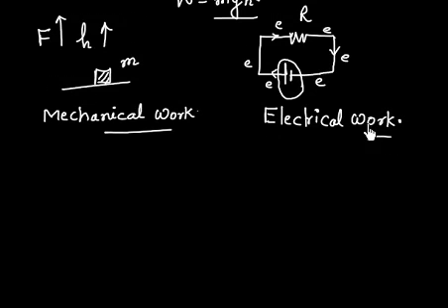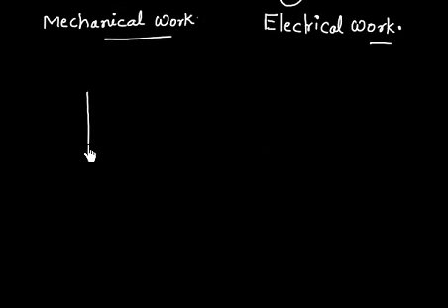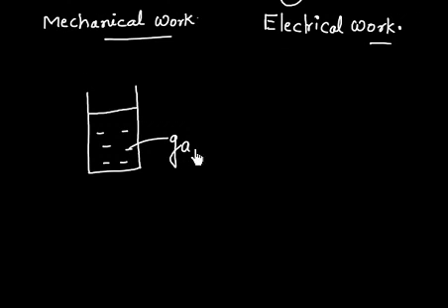Now you can have another kind of work, that is the expansion work. Let us say you have a vessel and this vessel has some gas inside. Some bait is kept over this piston, and inside I have a piece of zinc, Zn.